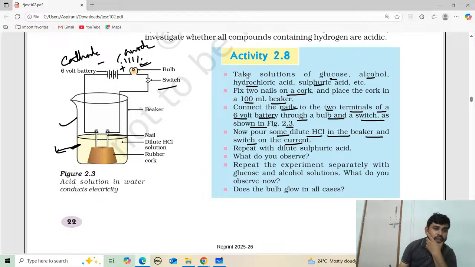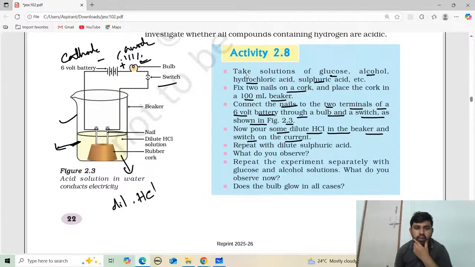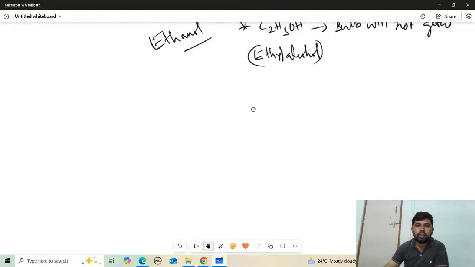We are taking dilute HCl here. What happens when you pass current? H plus ions and Cl minus ions will be produced. So again, I am writing dilute HCl plus aqueous solution.